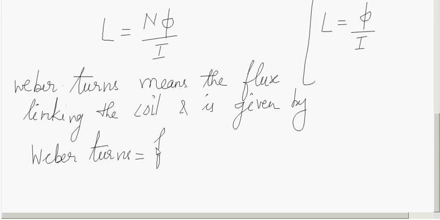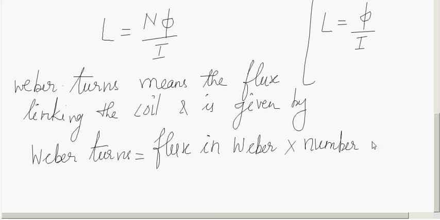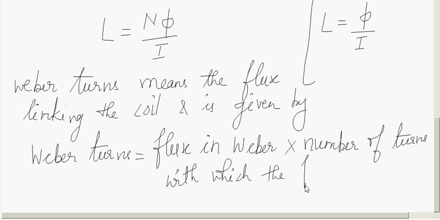Flux in Webers multiplied by number of turns with which the flux is linked. Therefore, L is N phi by I.